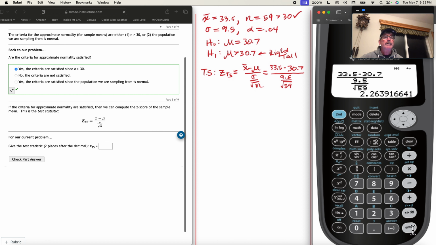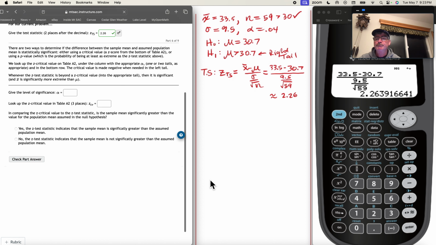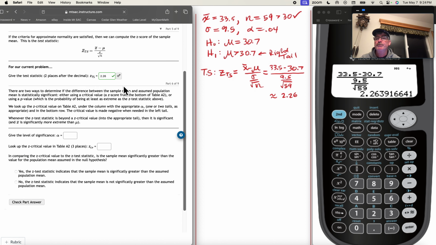Okay, and it'll want us to round this to 2 places after the decimal, I think. So we'll go with 2.26 approximately. Should be okay, as long as I didn't type anything wrong. And we'll check it, and it must be okay here. So that's great.